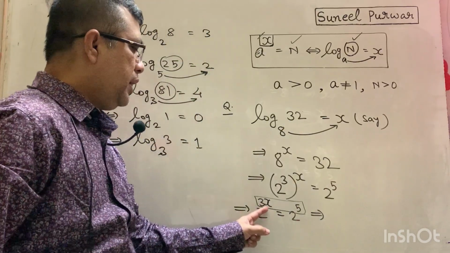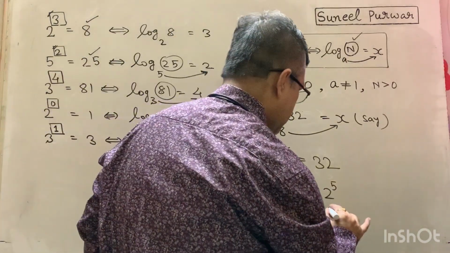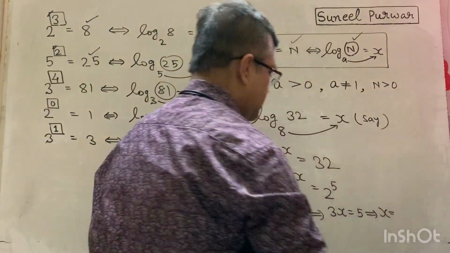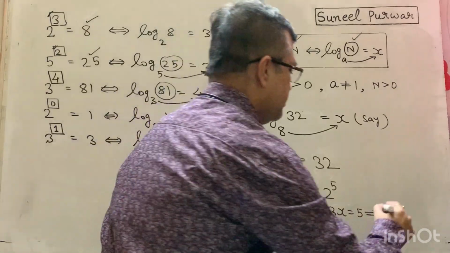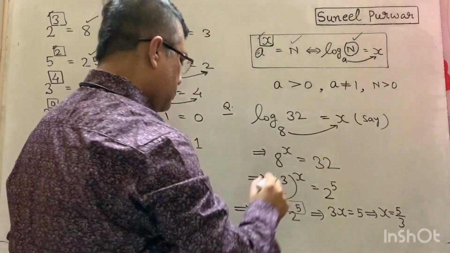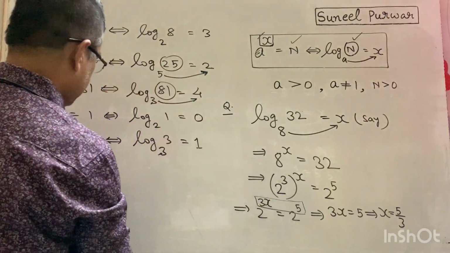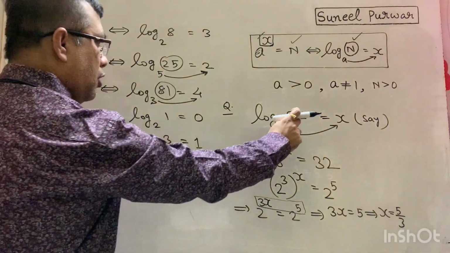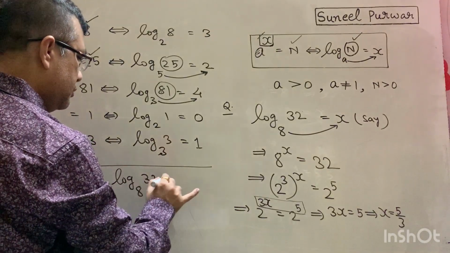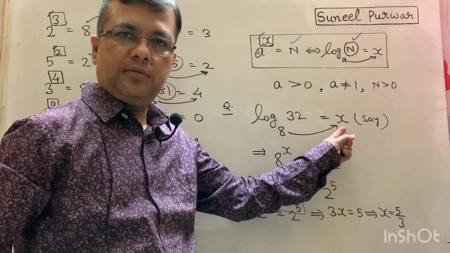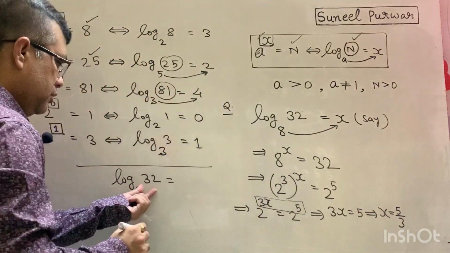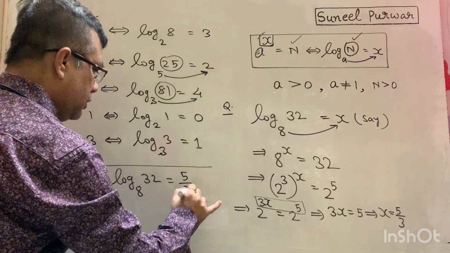So 3x is equal to 5. That means the required value x is equal to 5 by 3. Alright. So log of 32 to the base 8, which we assumed to be x, has come to 5 by 3. So that's the value of this logarithm, 5 upon 3.